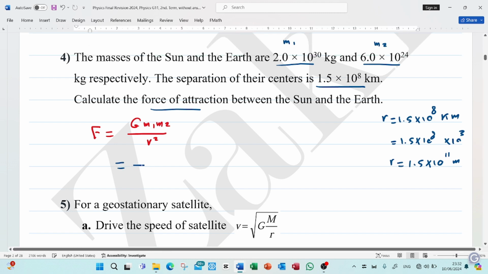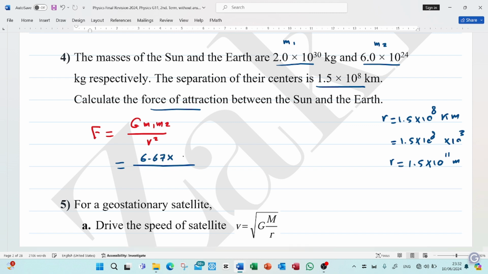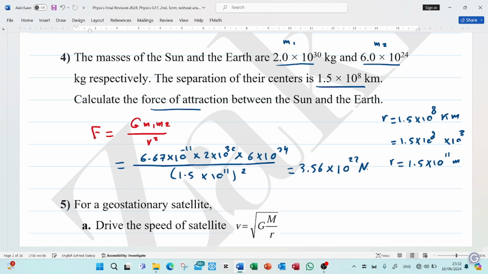G equals 6.67 multiplied by 10 to the power negative 11, multiplied by M1, 2 times 10 to the power 30, multiplied by M2, 6 times 10 to the power 24, divided by R squared, in brackets 1.5 times 10 to the power 11, all squared. The answer is 3.56 multiplied by 10 to the power 22 Newtons.